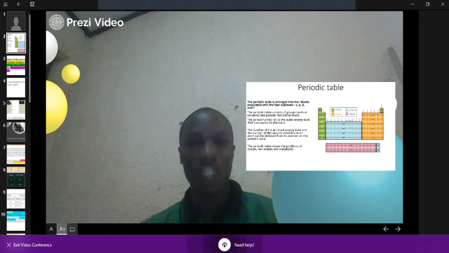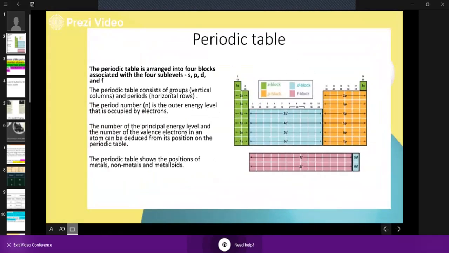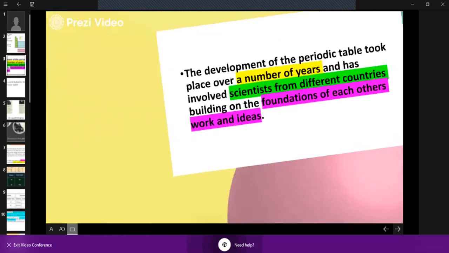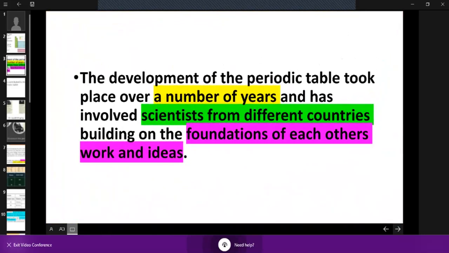Since you all know that, I want to take you to the objective of today: discovering the history of the periodic table. The development of the periodic table took place over a number of years and has involved scientists from different countries building on the foundation of each other's work and ideas.